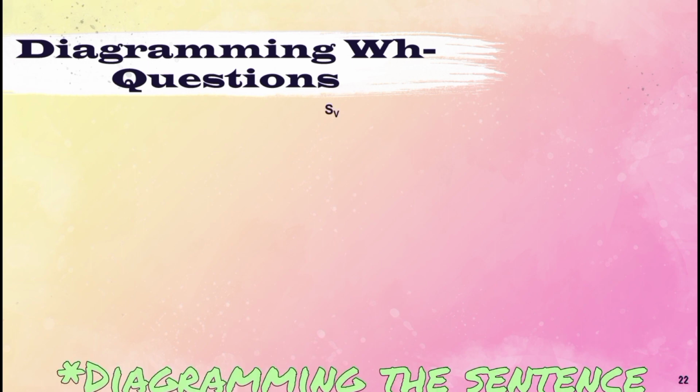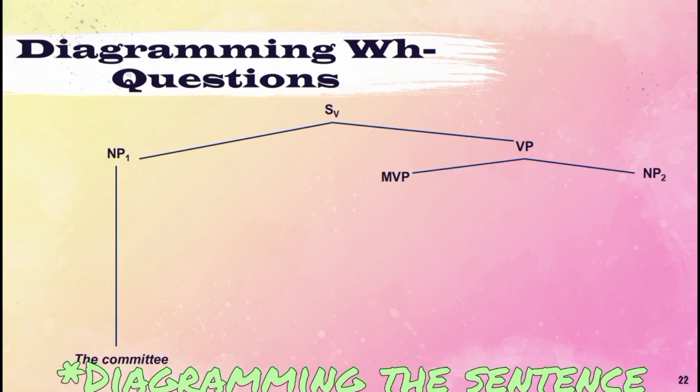In diagramming WH questions, first we have SV, or sentence type V, and it will be divided into two parts, namely noun phrase 1 or NP1 and verb phrase or VP. Under noun phrase 1, we will put the committee, while under the VP there will be another division, which is the MVP and NP2.